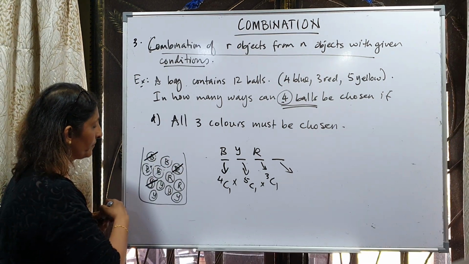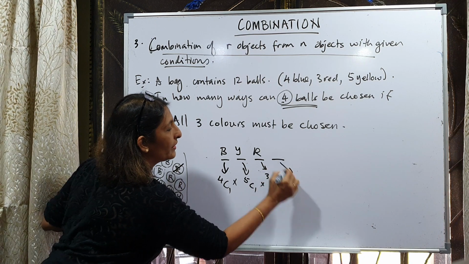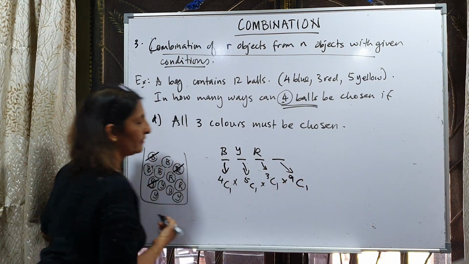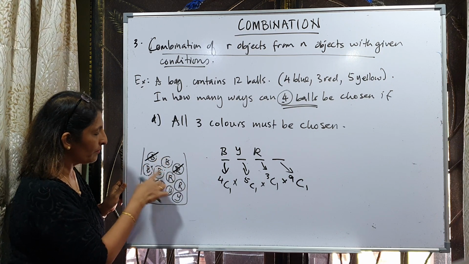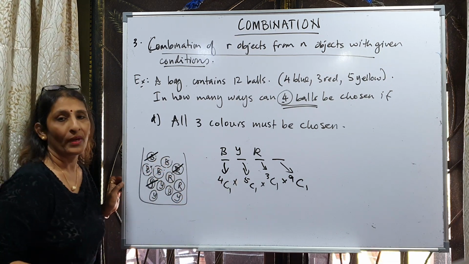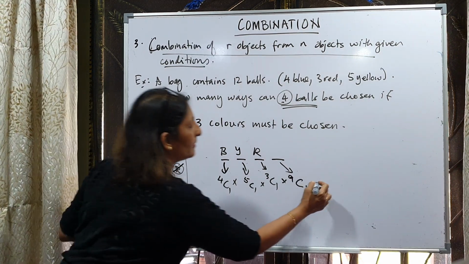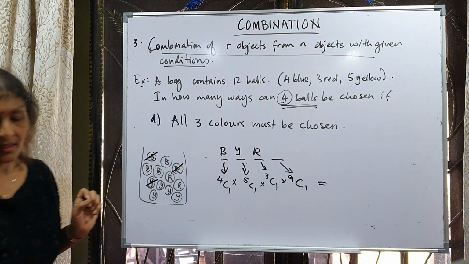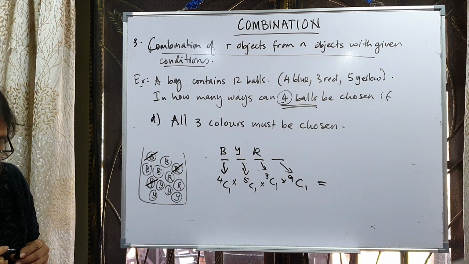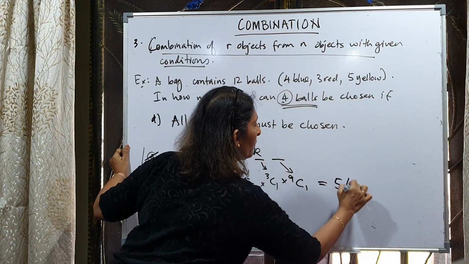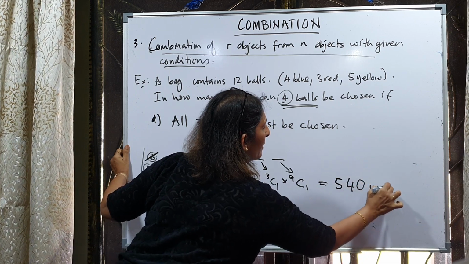So for the last one, it is 9C1, any one. From the remaining balls, you choose 1. So that's how you do this question. Now you calculate the answer. Use your calculator. Okay, the answer is 540 ways.